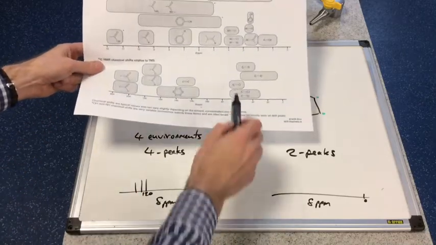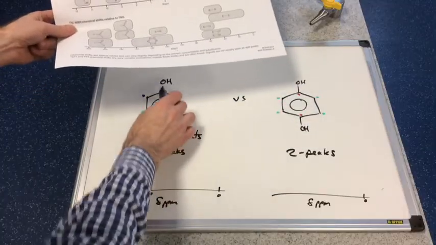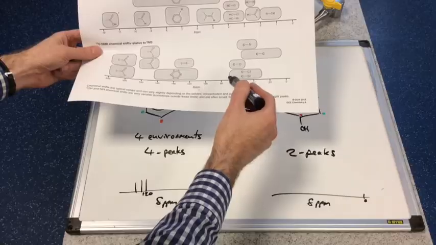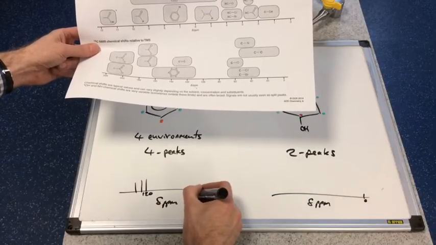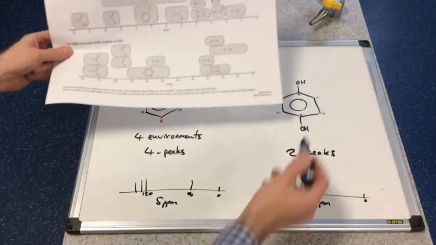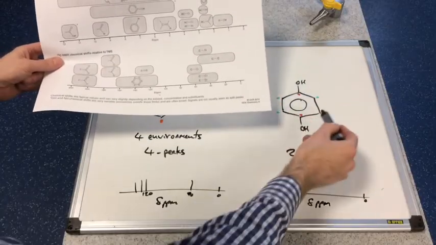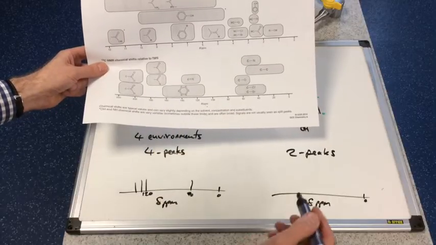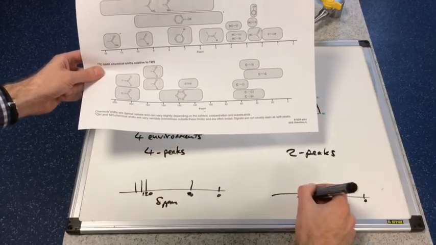And then we've got a carbon bonded to an oxygen, which would be somewhere in this region, about 70. So we'll go for that one there. And then in this one here, we've got the greens, which are carbons in a benzene ring, so again about 120.